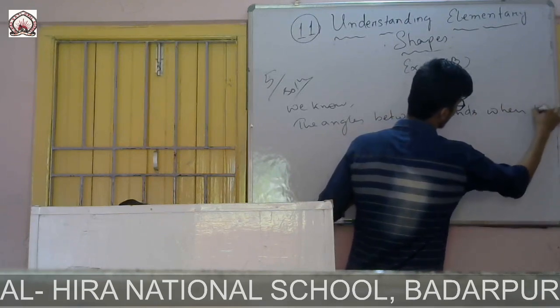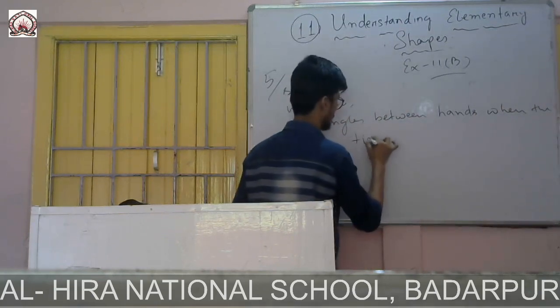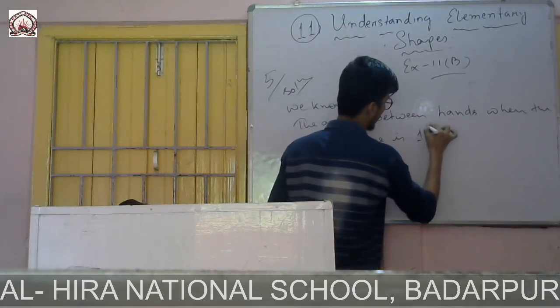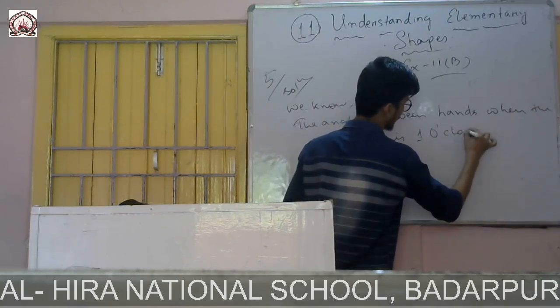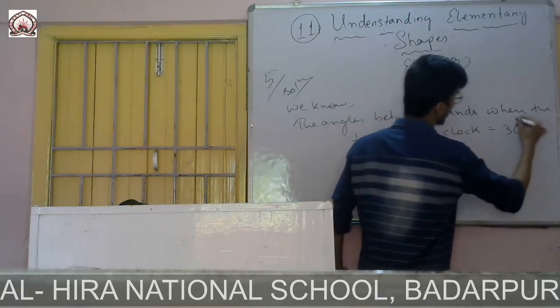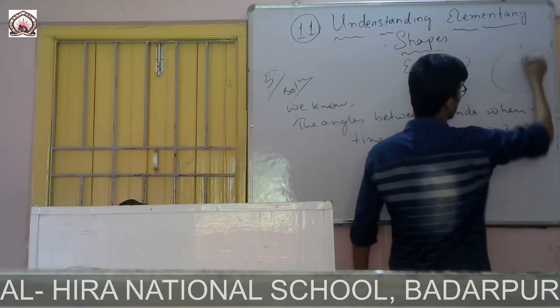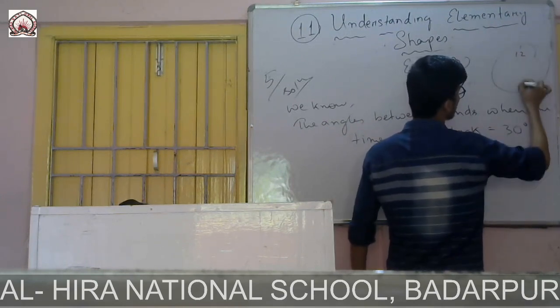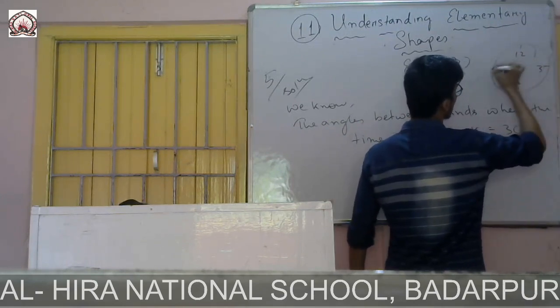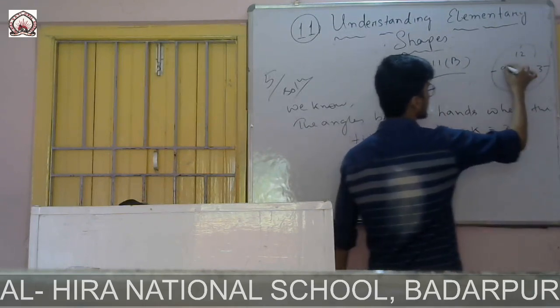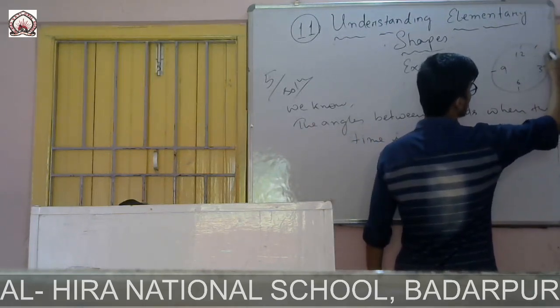when the time is 1 o'clock, it is 30 degrees. Earlier when I drew the clock, I showed that if this is 12, that one is 6, then this is 3, and there it is 9, somewhere there it is 1 and there it is 2.